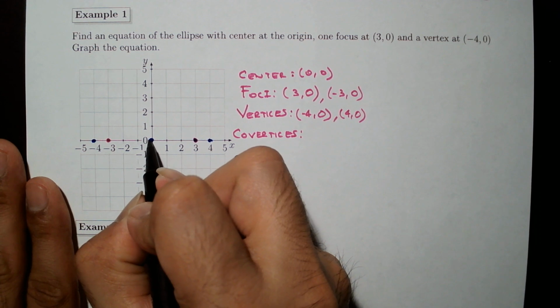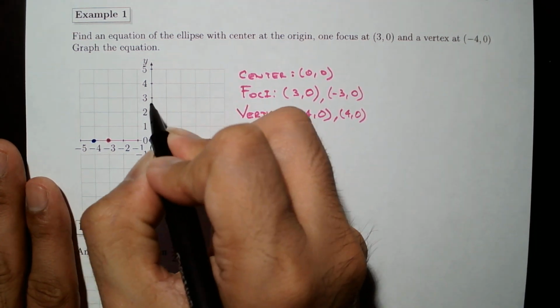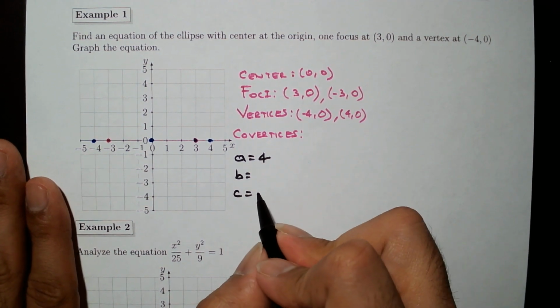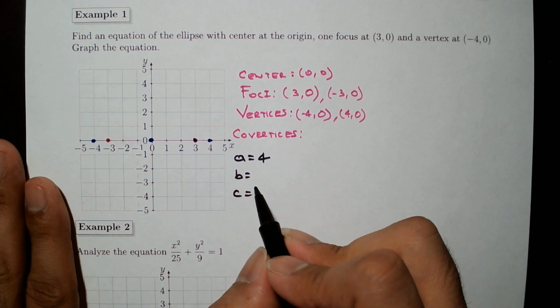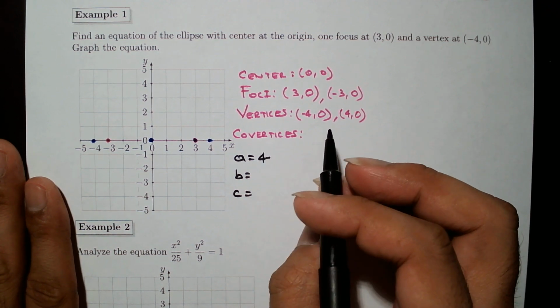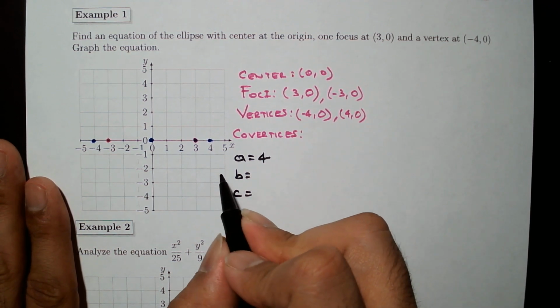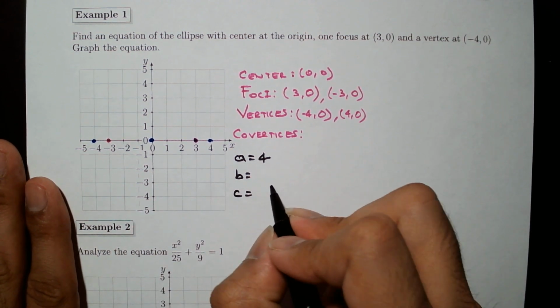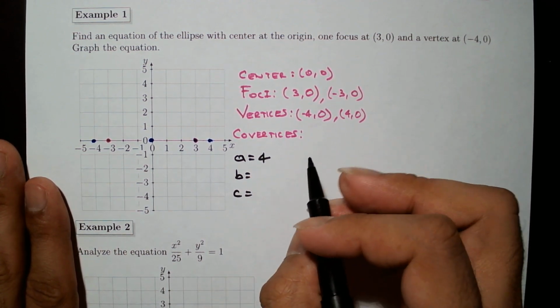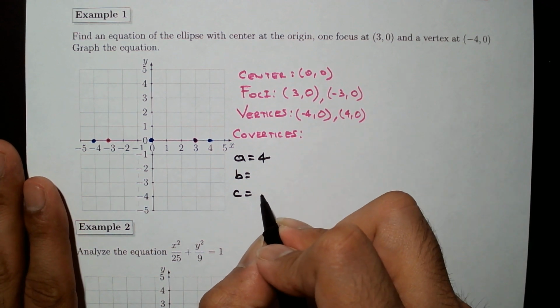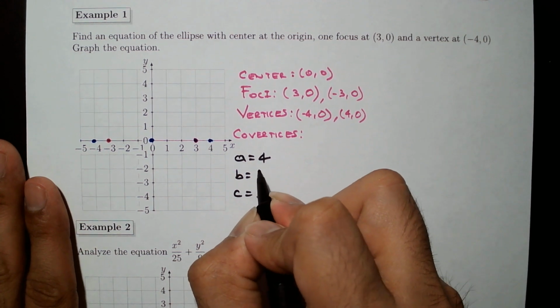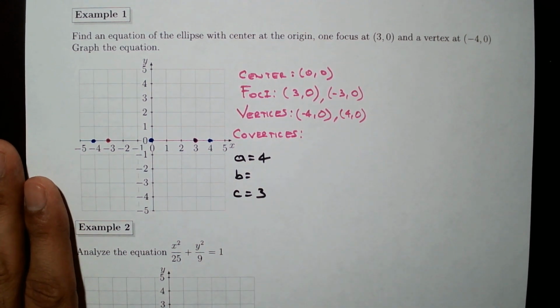B is the distance from the center to the endpoints of the minor axis, which we don't know. We are going to find that out. C is the length from the center to the focus, which is called the focal distance. That is 3 units.